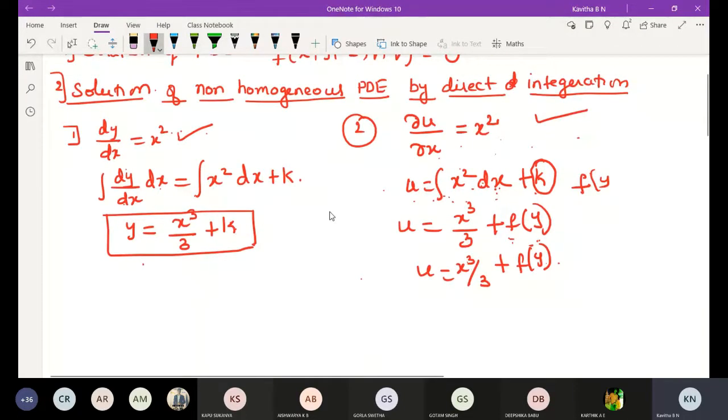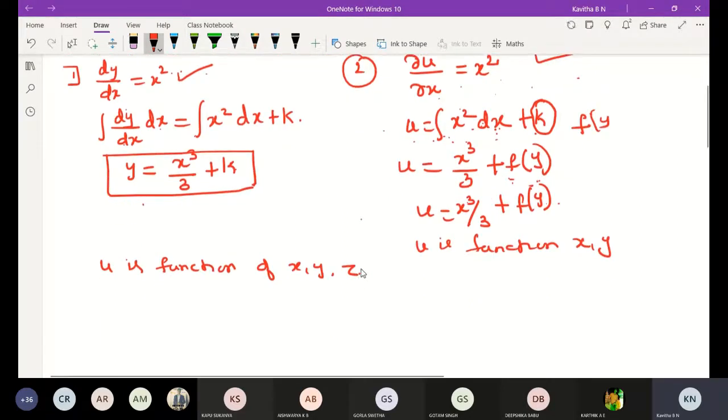Here u is a function of x and y. But if u is a function of x comma y comma z, the same process applies. I'm taking the same problem, del u by del x is equal to x square.